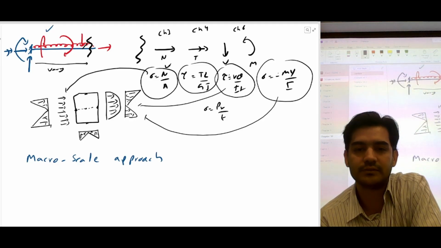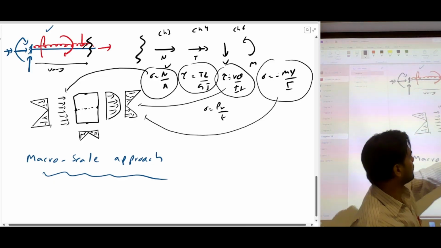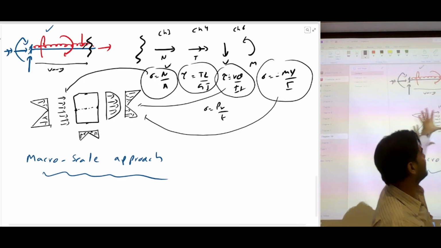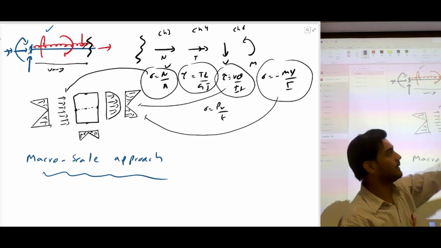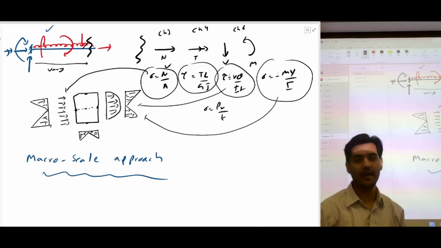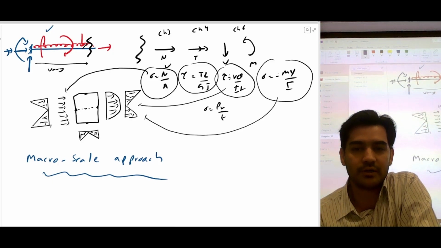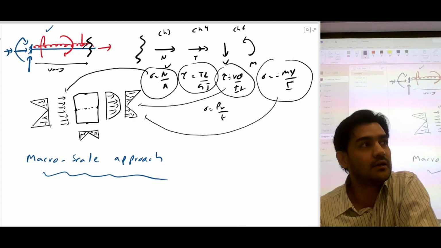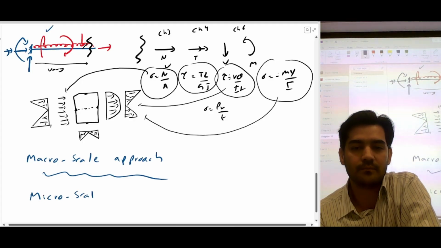This entire thing, we have been talking that we have the entire member, we have stresses, we have forces, and that's how we calculate the stresses. This approach is called macro scale approach. And we talked about this in chapter 2. And there's another way which is called micro scale approach, right?